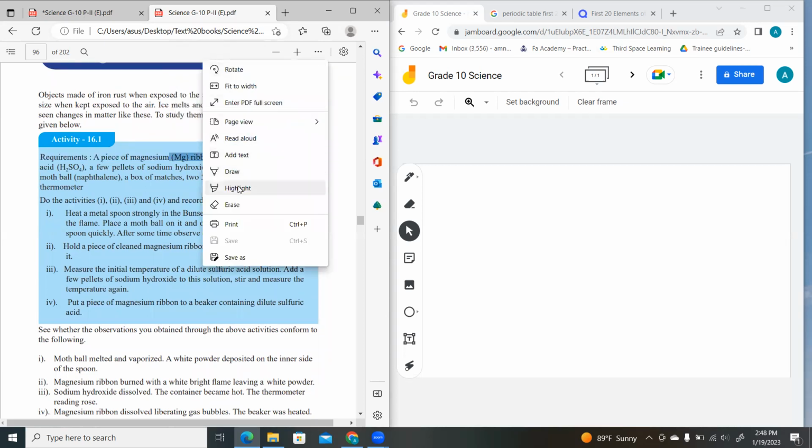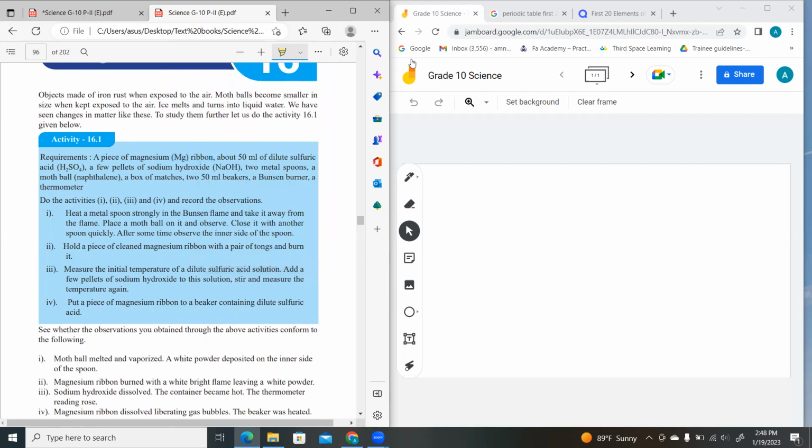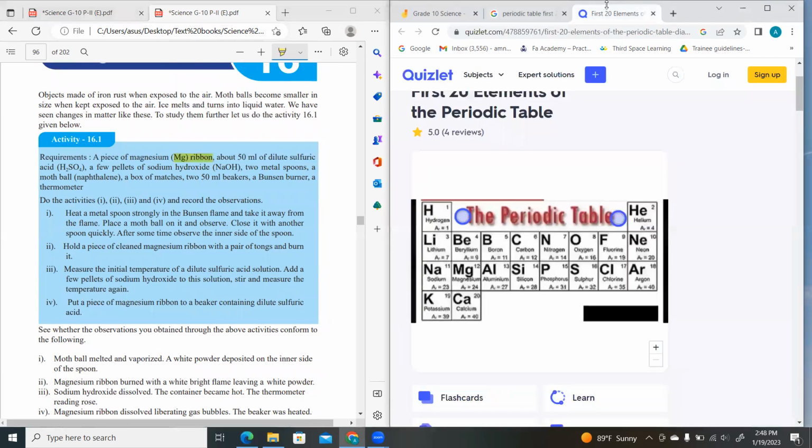When you go to the lab, you can see magnesium ribbon is there, right? The main important thing about magnesium is that it can react with oxygen, water, and etc. It can also react with acid and base as well. So magnesium is over here.